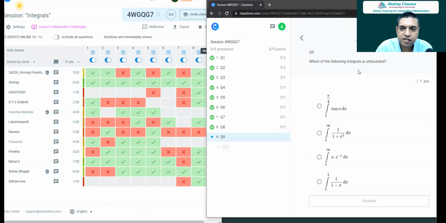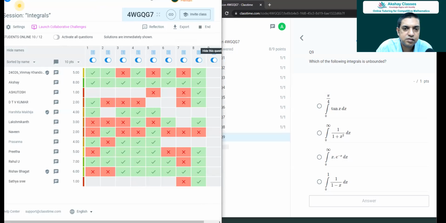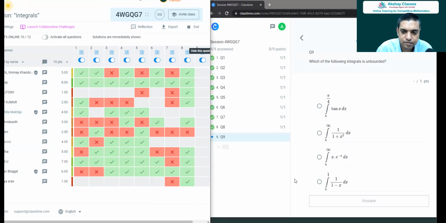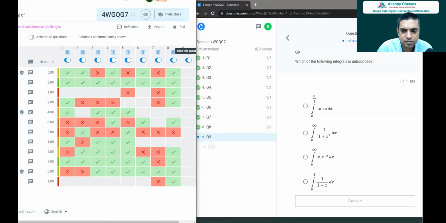Which of the following integrals is unbounded? That means which of these limits is going to infinity? That's what we need to do.